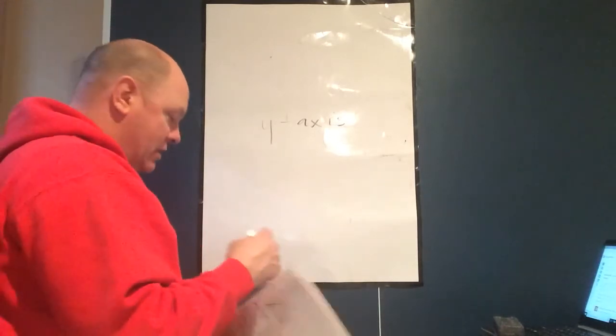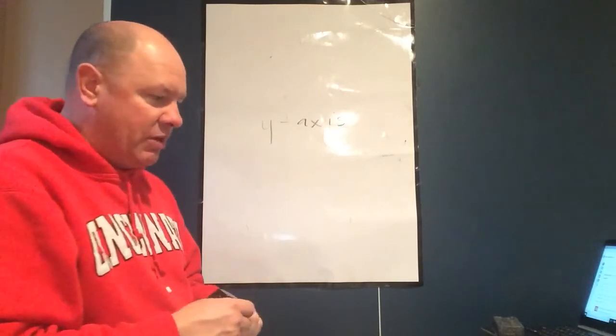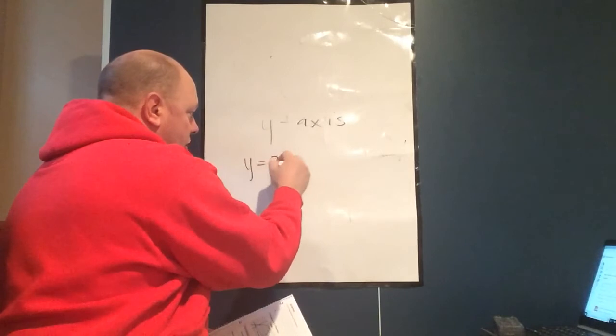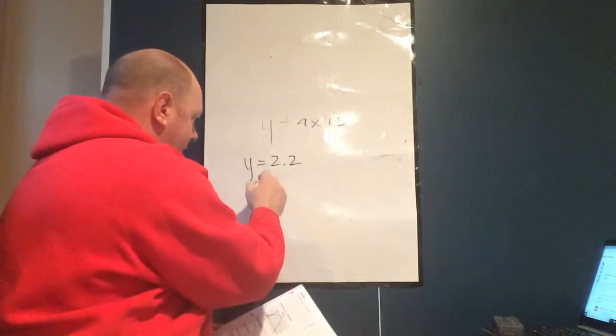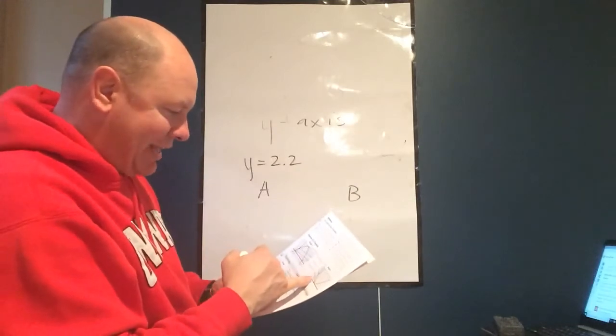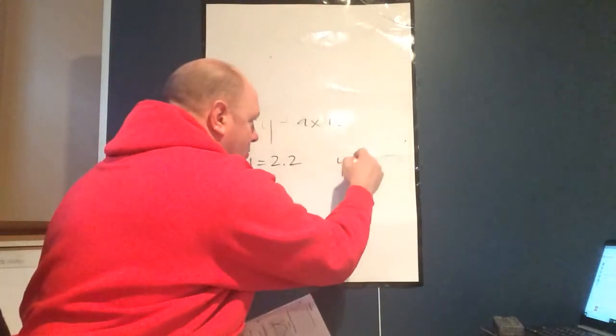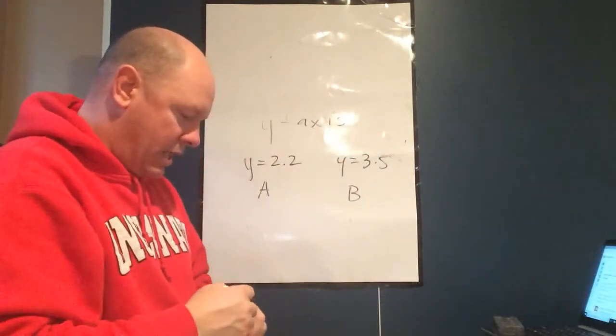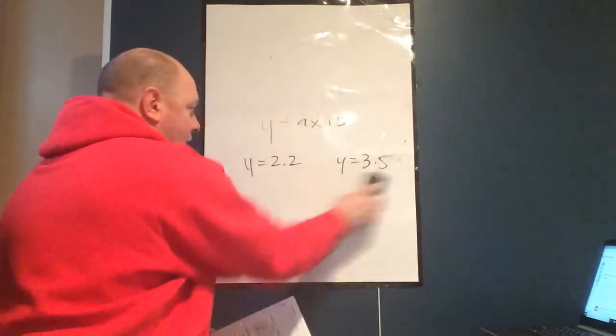But if you're looking at a value that's a little bit better, you're probably looking at y equaling 2.2 on graph A, and on graph B, the y value looks like 3.5. Y equaling 3.5 as my value there.